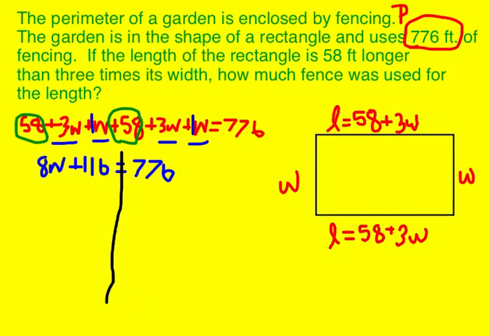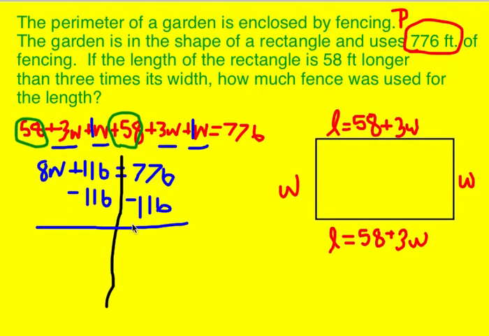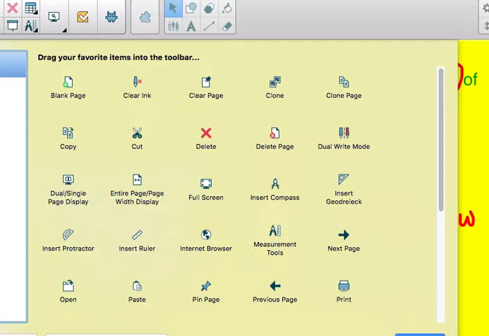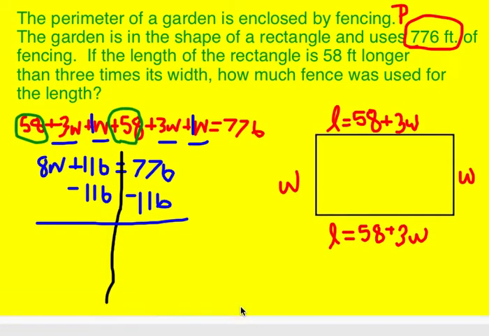So I need to get W by itself, so I'm going to subtract 116 from both sides of the equation. So those will cancel out on the left-hand side. These are gone.